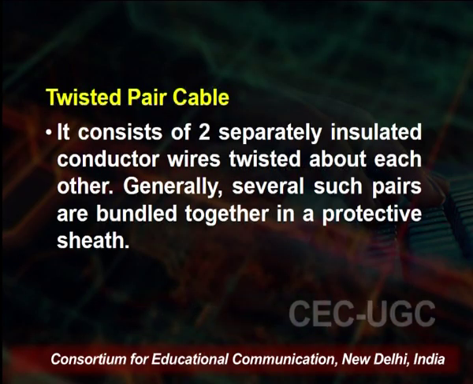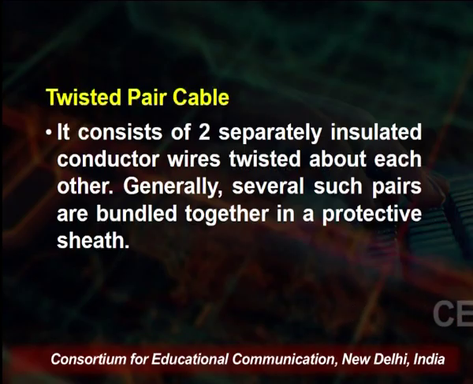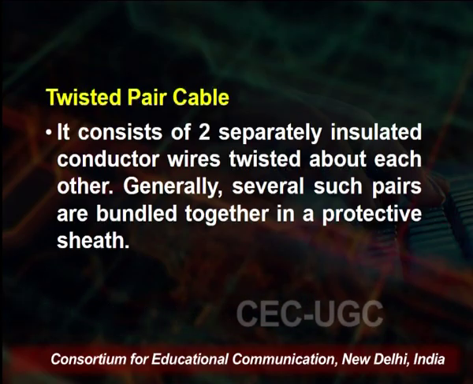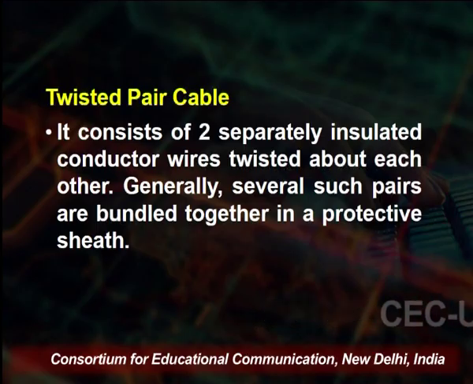Further, we will be moving into the types, but let us first understand the structure. It consists of two separately insulated conductor wires twisted about each other, and generally it is not just one pair of these twisted wires, but several such pairs bundled together in a protective sheath.